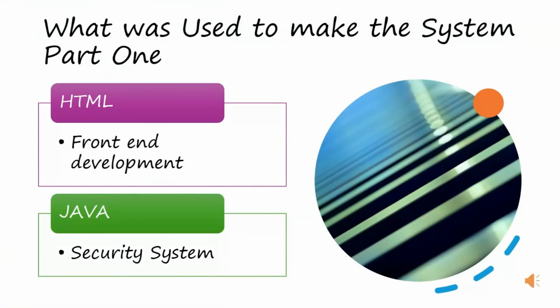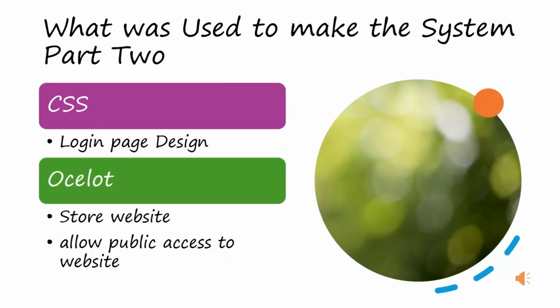In the next couple slides, we're going to be going over what was used to make the system. On the front end development, we used HTML. For our security systems, we used Java. For our login page design, we use CSS.